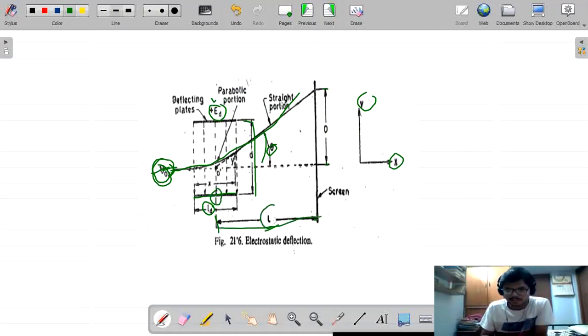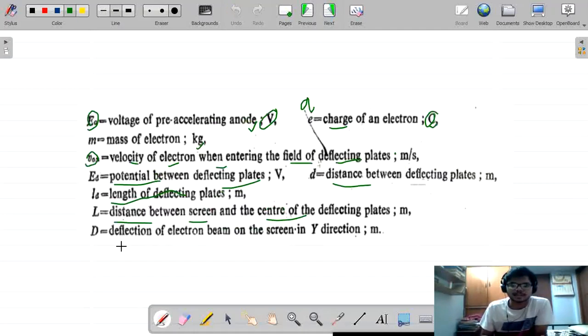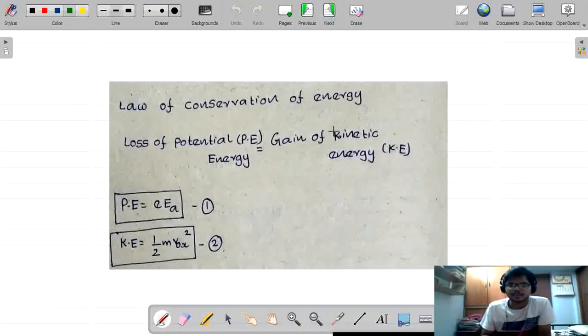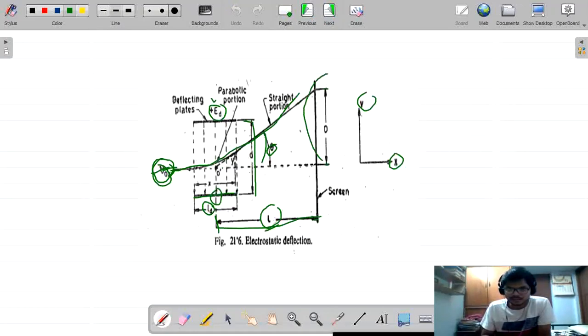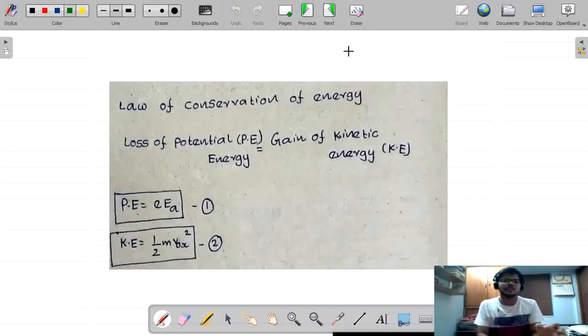And finally capital D is the deflection of the electron beam on the screen in the y direction. It is the distance by which our electron beam is deflected from the original path. The derivation is just a manipulation of formulas of electromagnetic force.